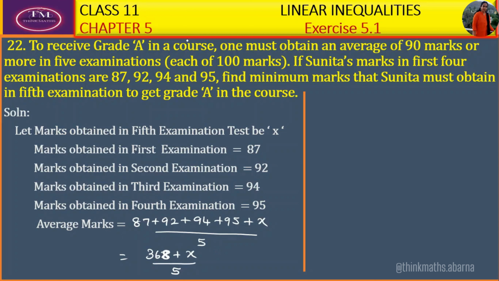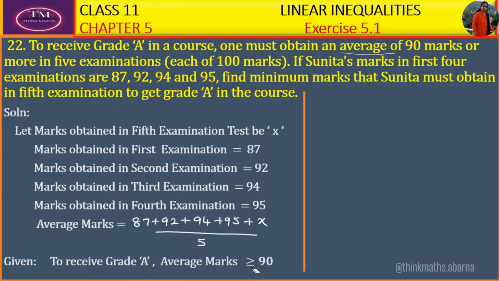But what they have given? To receive grade A, one must obtain an average of 90 marks or more. That means average should be greater than or equal to 90. Why is it greater than or equal to 90?